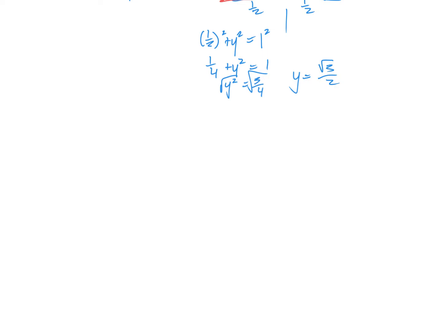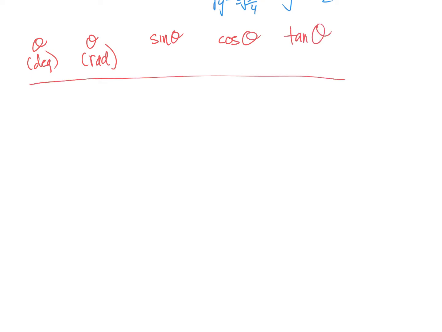So we will have theta, and let's make theta be in degrees. We'll also have theta measured in radians. Then we'll have the value of sine of theta, cosine theta, and tangent of theta.